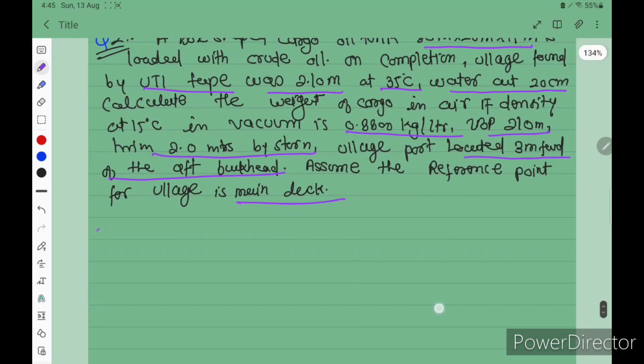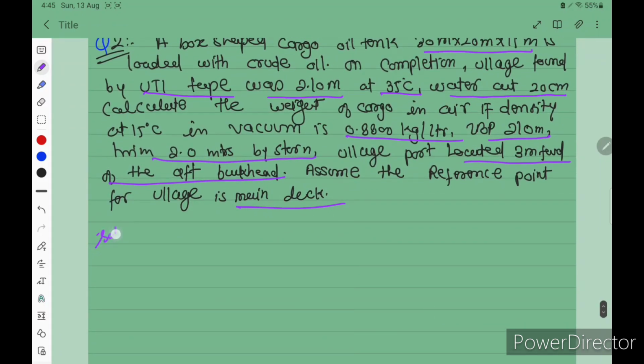So first, what is given in the question? Dimension of the tank, 30 into 20 into 15, length, breadth and height.